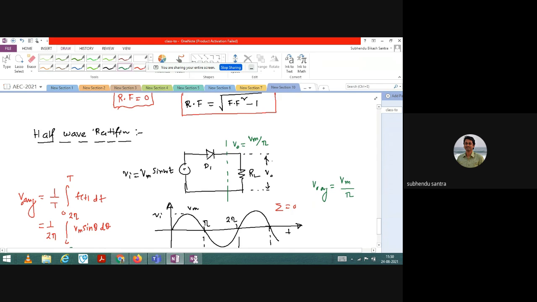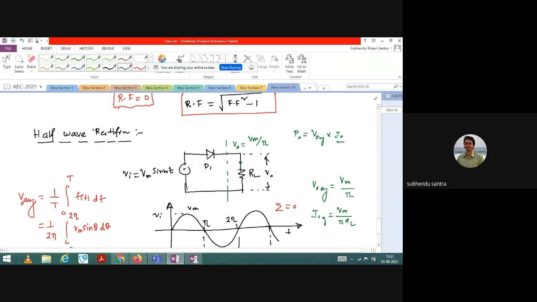So what is the output power P0? How to calculate P0? V0 average into I0 current. So how to calculate the current flowing through this load resistance? It is a resistive load, so directly I can write I0 average equals Vm by pi RL.